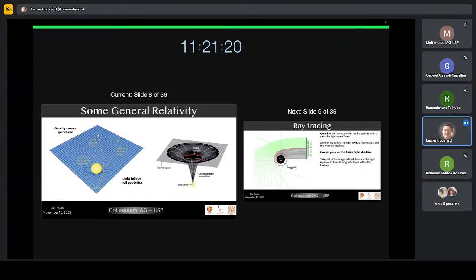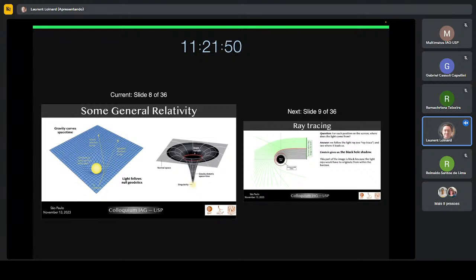And as you probably know, this was the first effect to actually confirm general relativity. Eddington in 1919 took advantage of a total solar eclipse to look at the position of the stars just behind the sun, or just on the side of the sun, during the day when the sun was in the way, and compare these positions with the positions without the sun, and found that indeed the position differed by about 1.5 arcseconds.